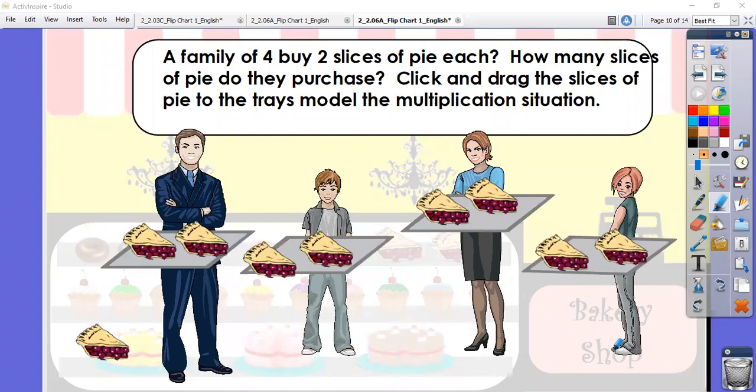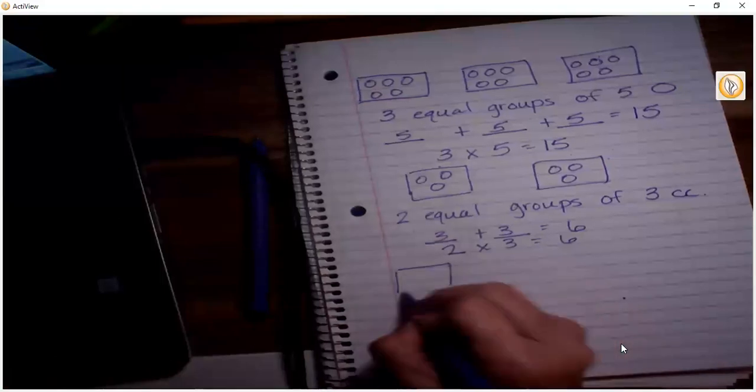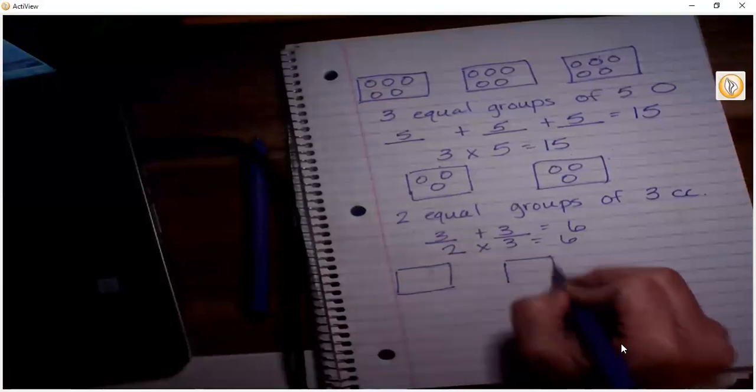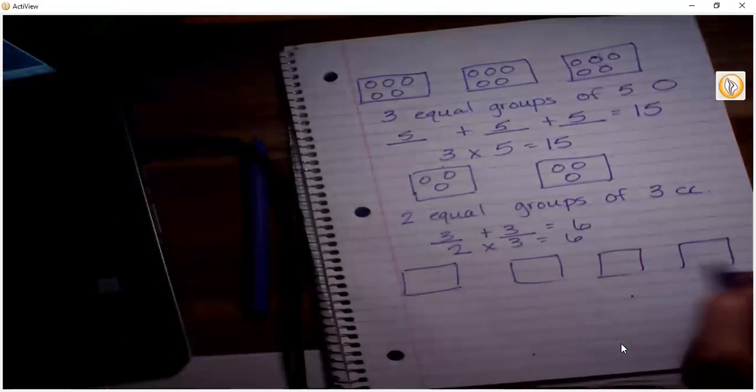I have a family of 4 buying 2 slices of pie each. How many slices of pie do they purchase? So I have 4 people in my family. 1, 2, 3, 4.